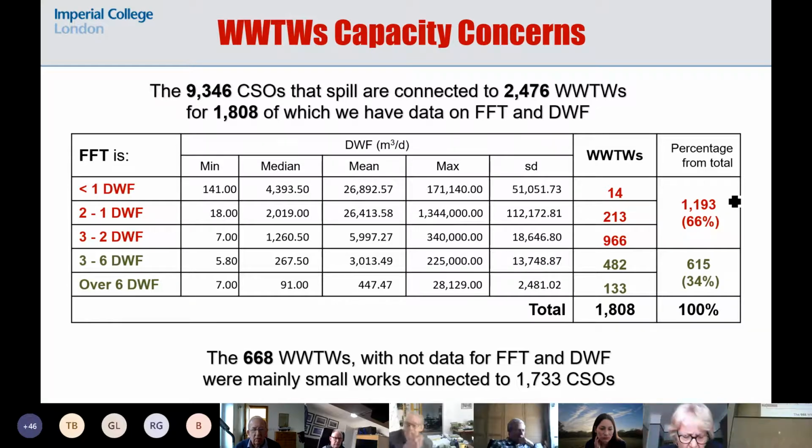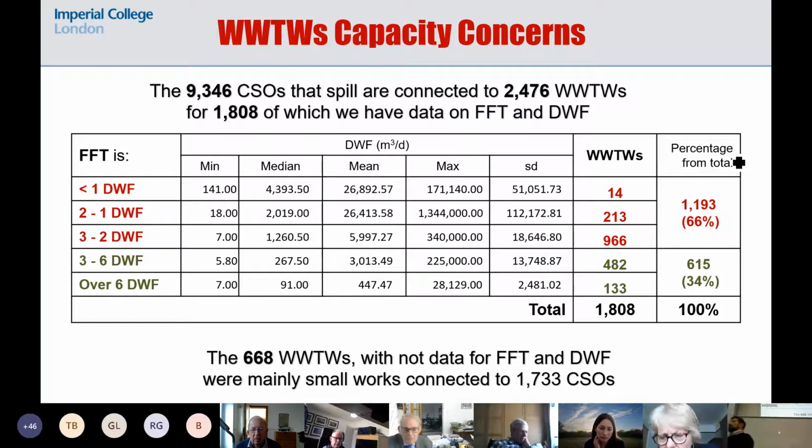You can see here that out of the 9,346 plants which were monitored at the spill, quite a lot of them, we had data in terms of the dry weather flow of the works they're connected to.